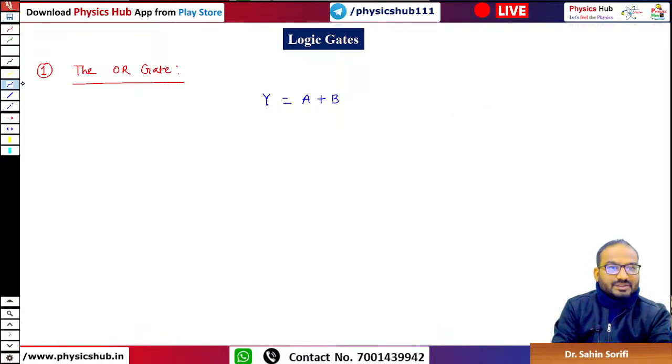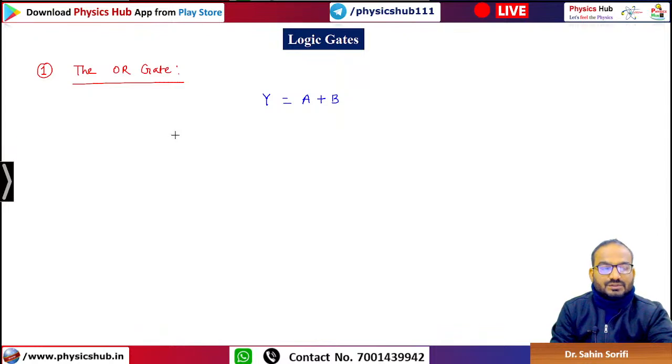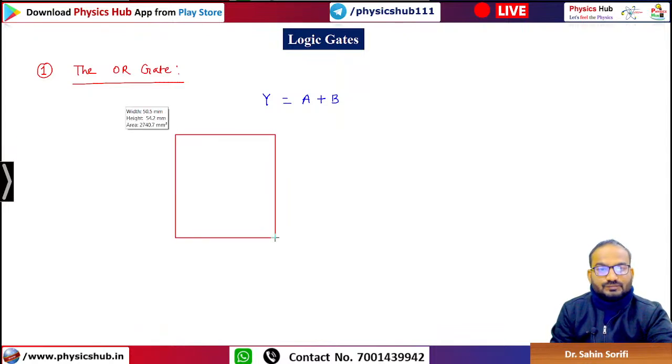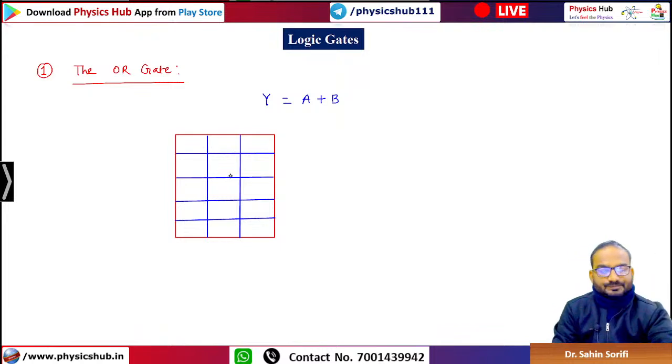The best way to understand its characteristic is to look at its truth table. How the input decides the output, we format it in a table that is known as the truth table.